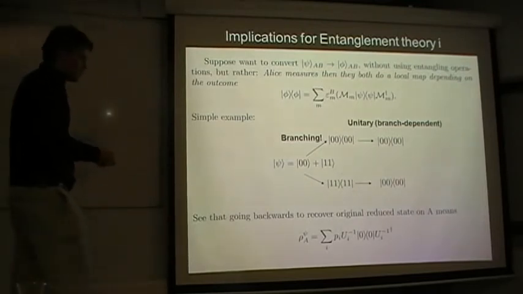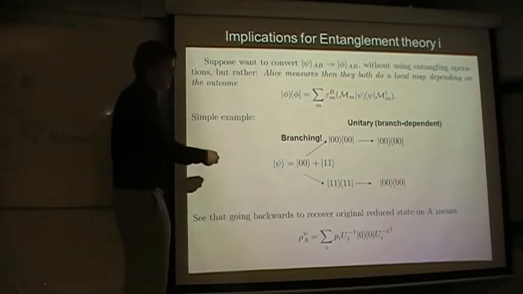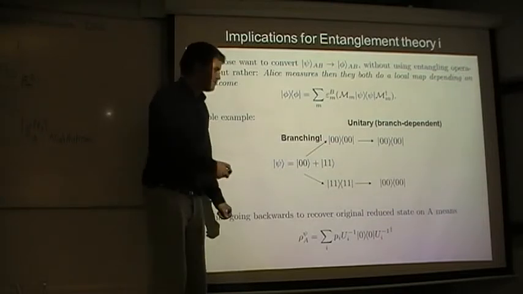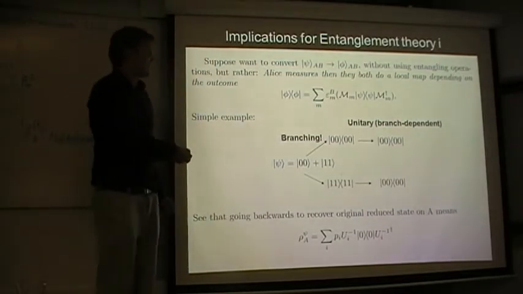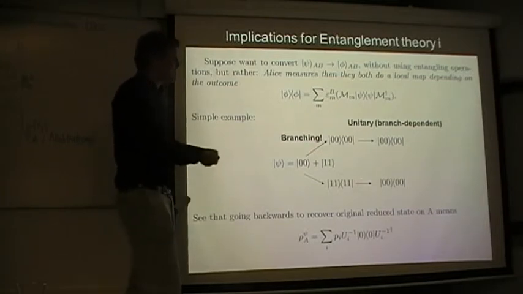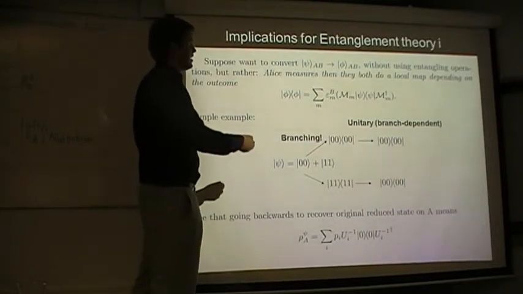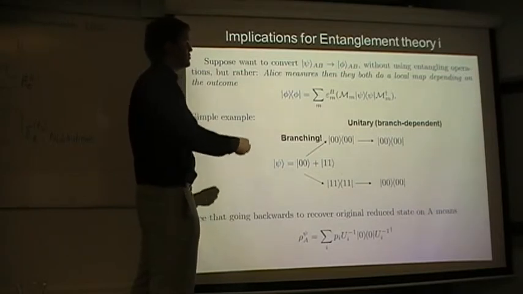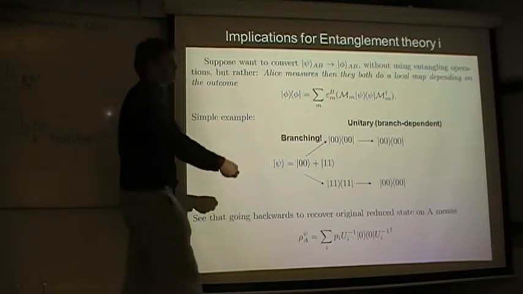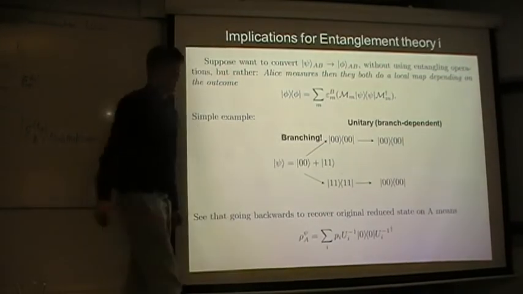A simple example is that if this is your state, Alice could measure in the 0-1 basis, and then it collapses to this versus this. And then, depending on the outcome, they do corrective unitaries. So in this branch, you have to do an X flip on both the bits.